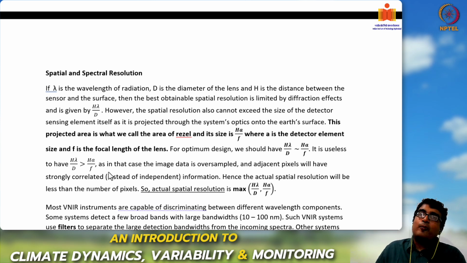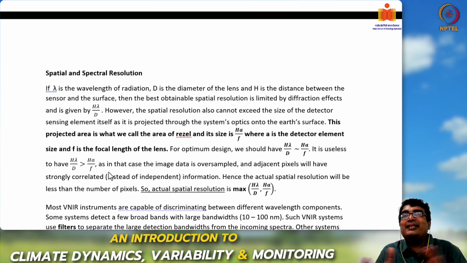Electromagnetic wave interference will make the signal from one resel blend with the signal of the adjacent resels. So instead of having independent data, you have strongly correlated data in the adjacent resels, and the image quality will be less.